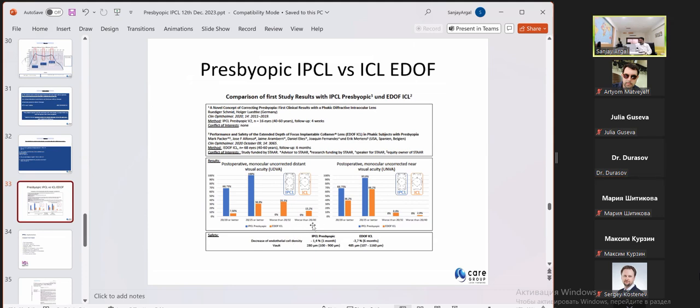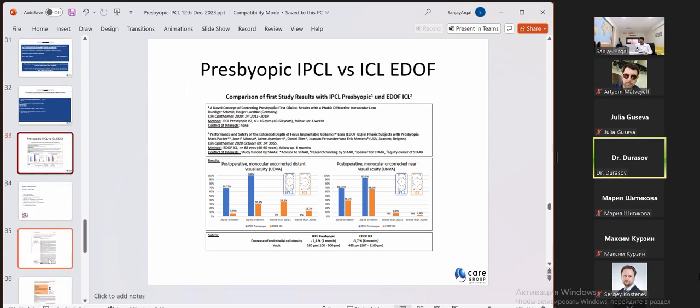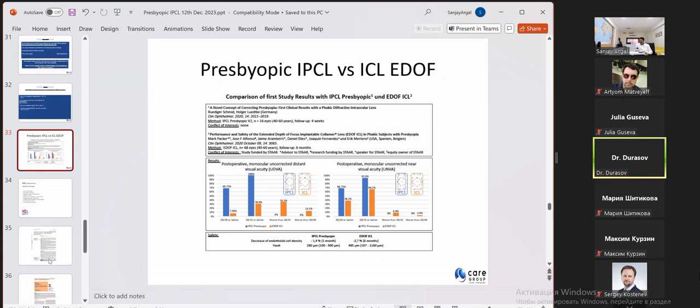And presbyopic IPCL provides better far vision as well as better near vision. В этом исследовании были получены результаты, что пресбиопическая IPCL дает зрение лучше как вдаль, так и вблизи. So this shows the presbyopic IPCL is the better choice as compared to any other solution for presbyopia. Это подтверждает предположение, что пресбиопическая IPCL является лучшим выбором для пациентов с пресбиопией.